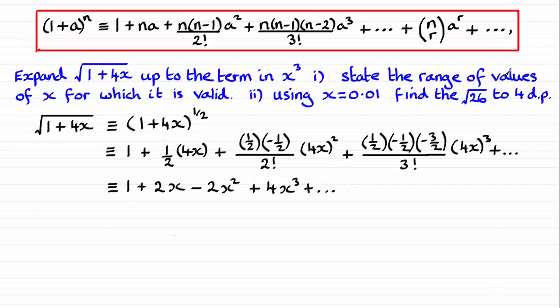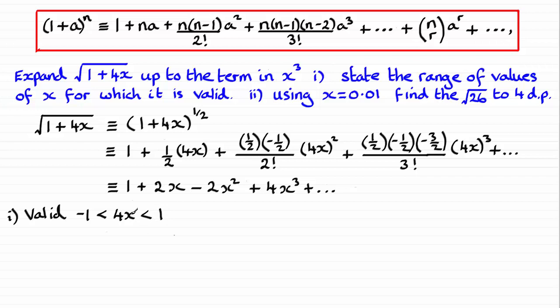So we now have to state the range of values of x for which it is valid. And that's going to be our a value, which is 4x, has to lie between minus 1 and 1. So for this part then, let's just put it in part 1. The expression is valid then when 4x, our a value, lies between minus 1 and 1.